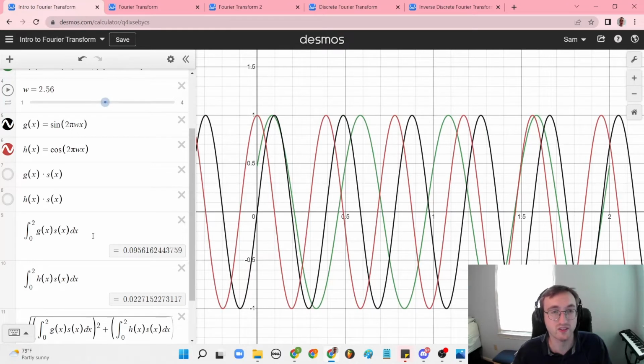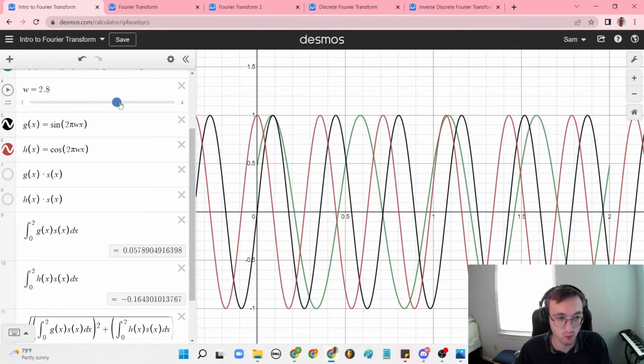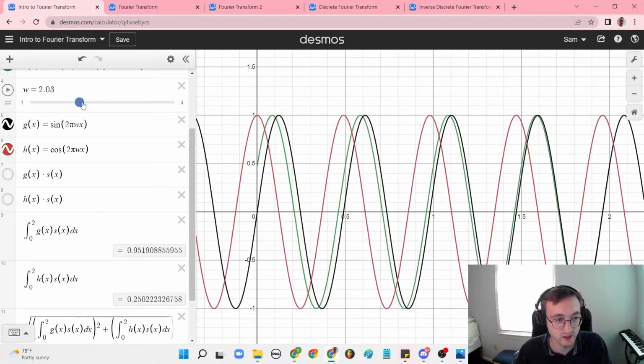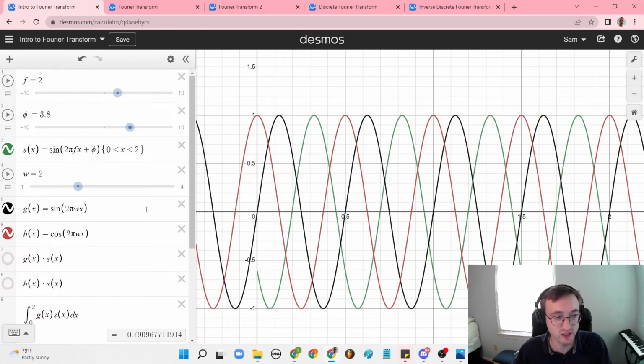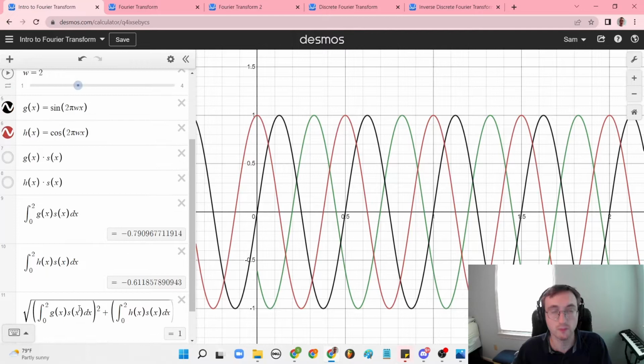And again, these represent just the presence of a cosine and a sine wave. But regardless of what I change phi to, the integral, or the magnitude, rather, of both of those is going to be 1. And that's because of the identity sine squared plus cosine squared is equal to 1.